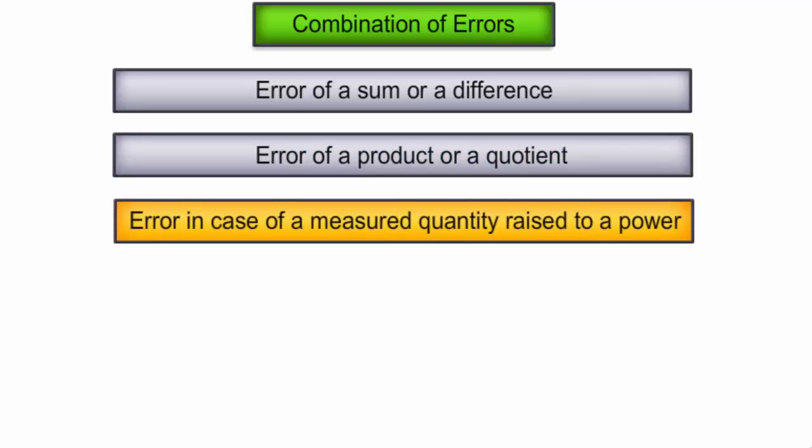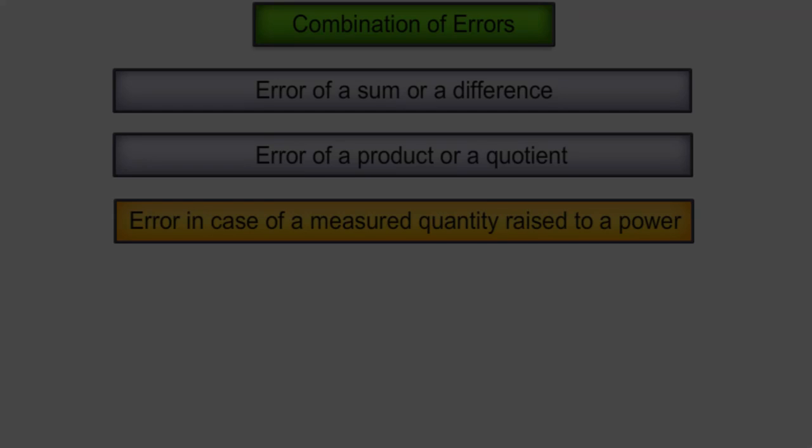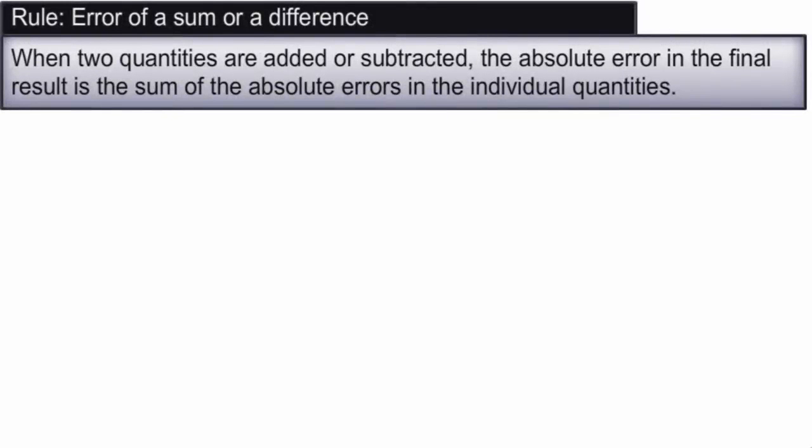When two quantities are added or subtracted, the absolute error in the final result is the sum of the absolute errors in the individual quantities.